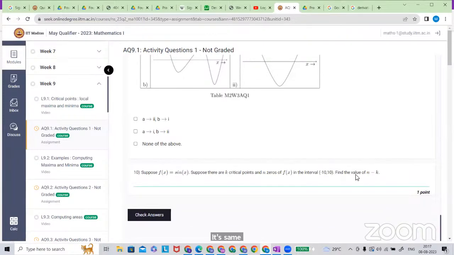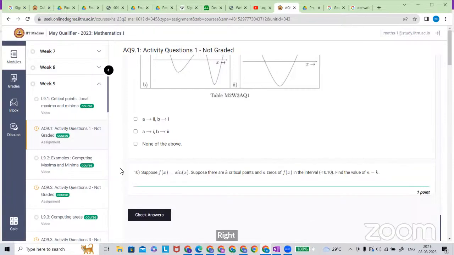And what are critical points? Critical points are zeros of the derivative. Zeros of f(x) are one thing, and critical points are where the derivative is 0. In different words, the critical points are zeros of the derivative of the function.